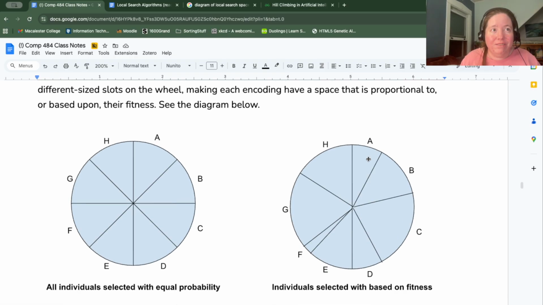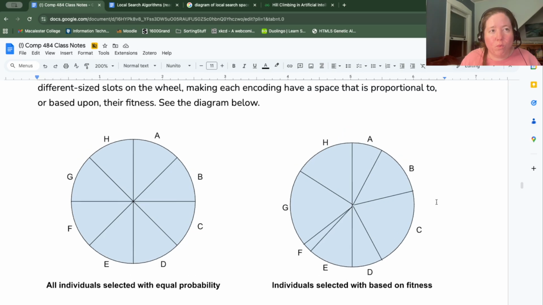And then we just spin the roulette wheel enough times to generate parents. So more often, the high fitness individuals will be selected. It's a pretty unlikely occurrence that F would be selected, but there's a chance that it could happen.